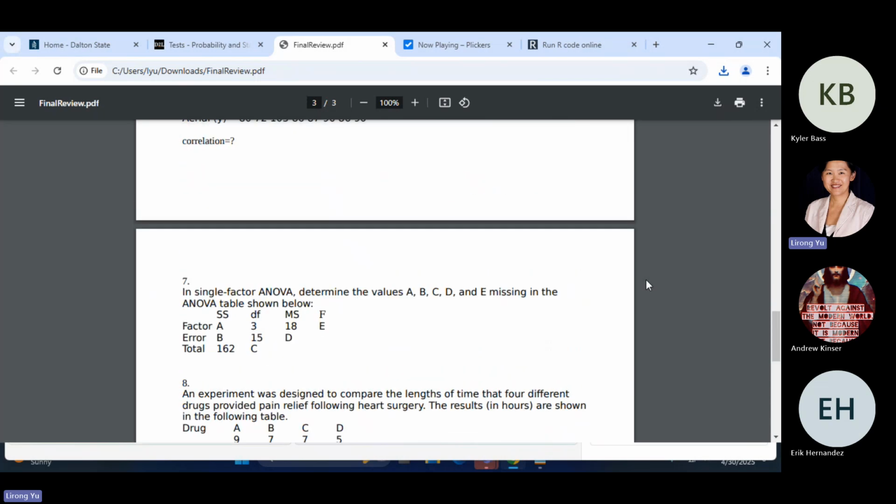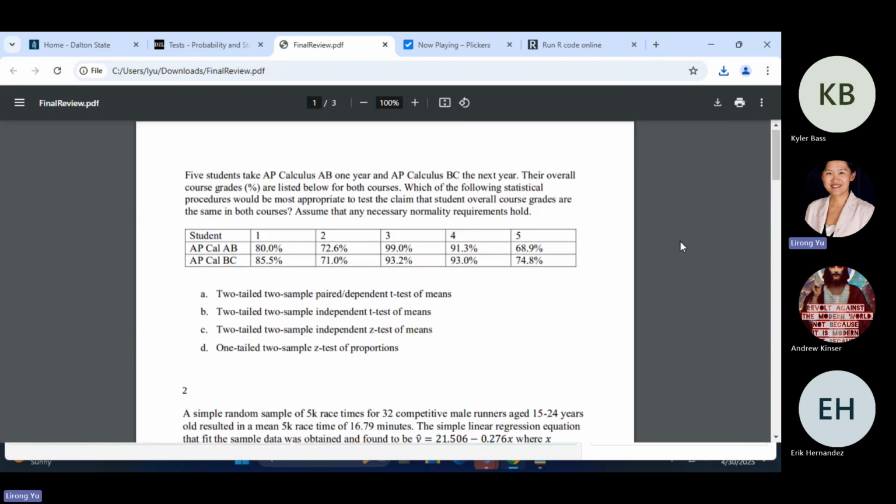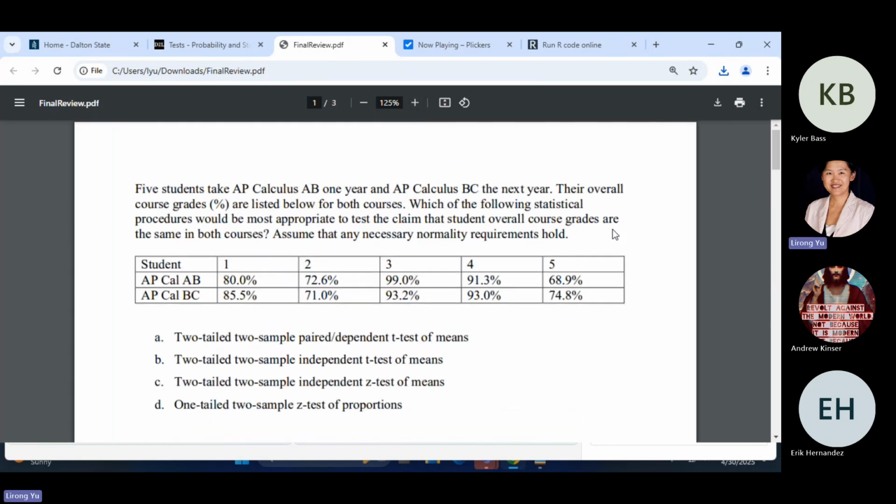So this is a couple of scenarios on how to choose the right procedure, the right action. For example, this is the first question. Which of the following statistical procedures is right? You are facing a question, and let's say these are the data.